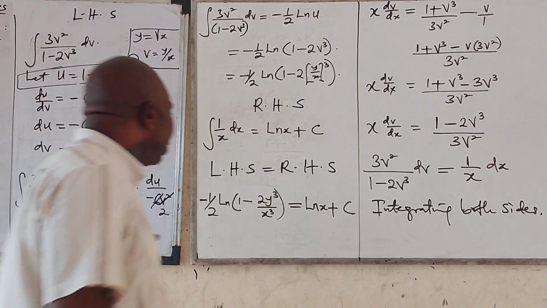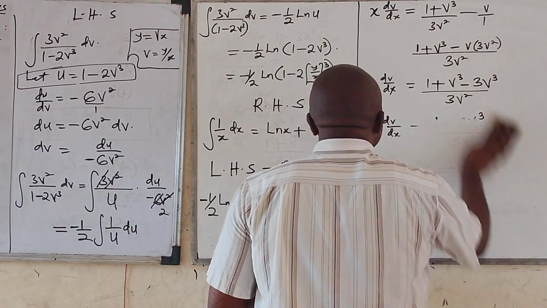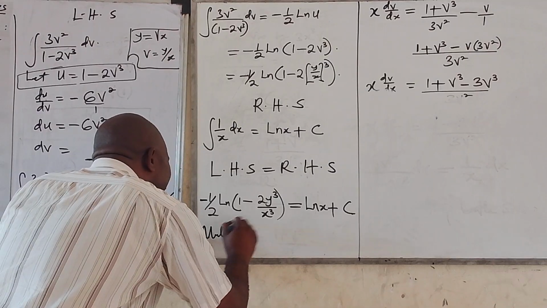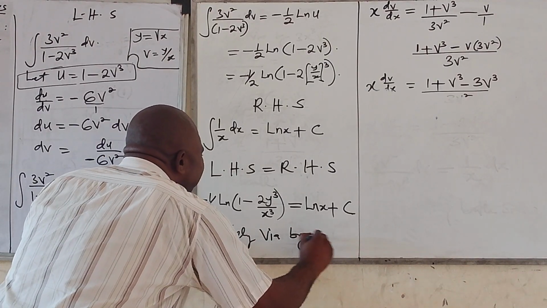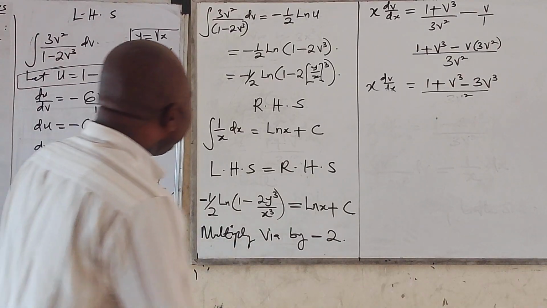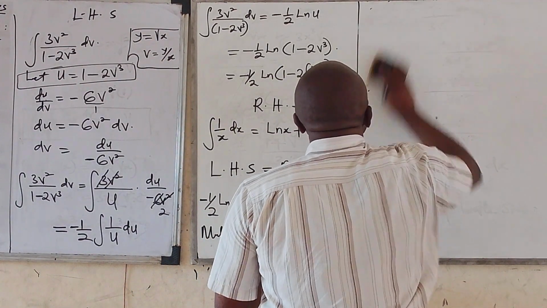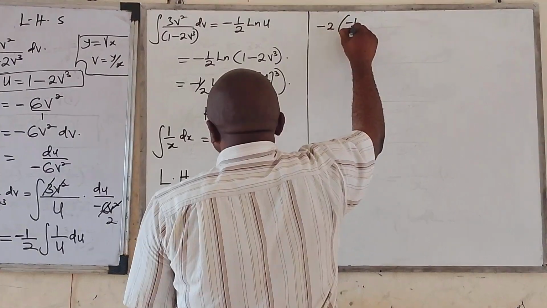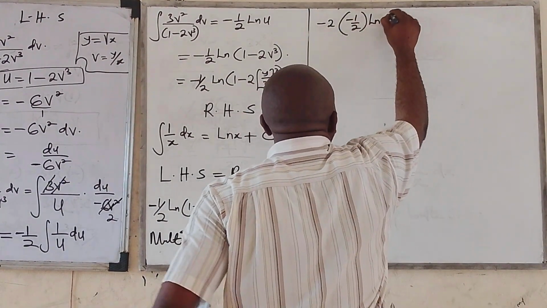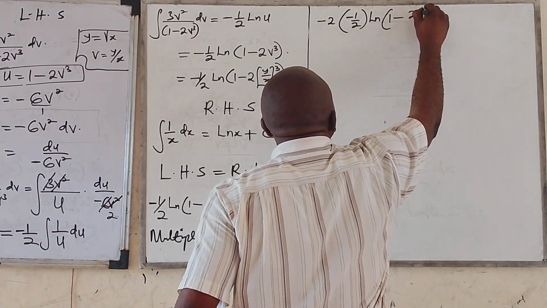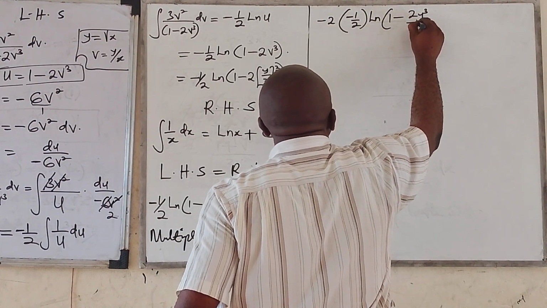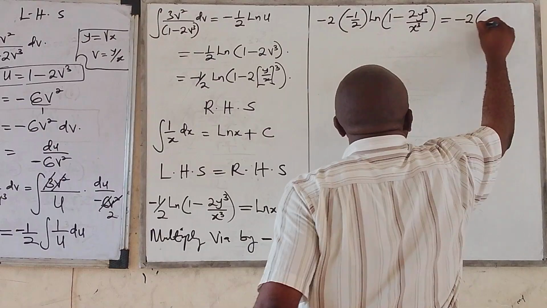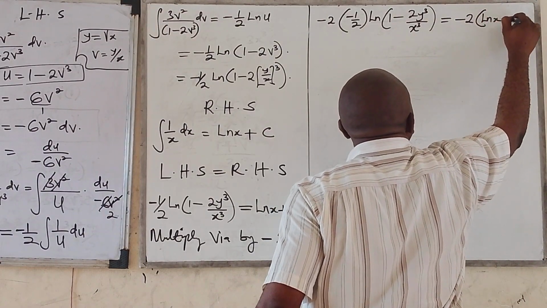Now let's multiply by minus 2. When you multiply by minus 2, here we have minus 2 in brackets, minus 1 all over 2, ln 1 minus 2y raised to the power of 3 all over x raised to the power of 3, is equal to minus 2, then ln x plus c.